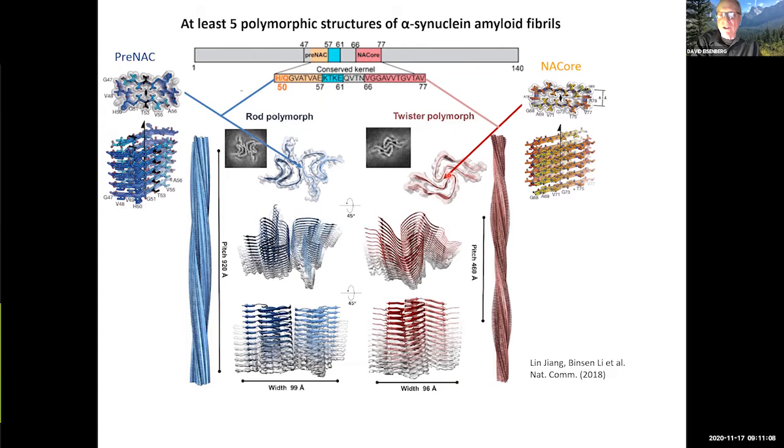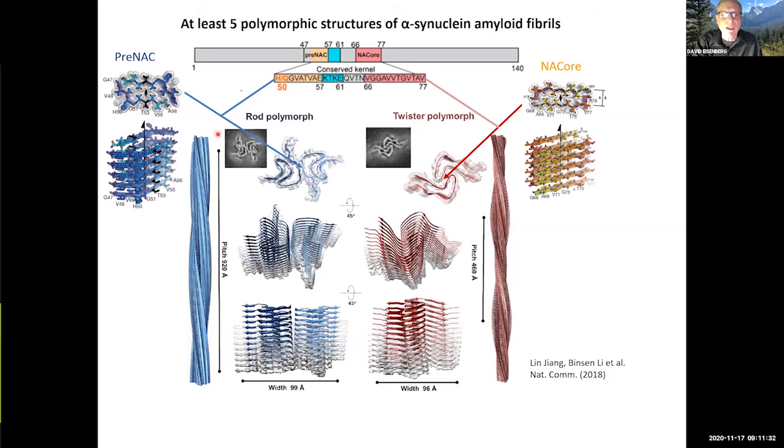There's also another tightly mating segment in this NAC region. We call that a pre-NAC. And again, the crystal structure was determined by Jose Rodriguez. Here it is. And again, you can see on the upper left that the space is completely filled by the atoms. Again, very, very tight.